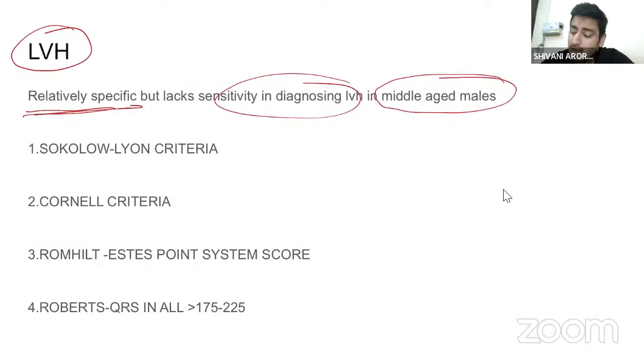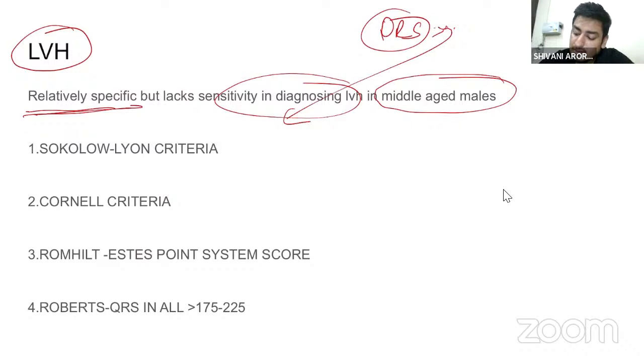Because due to obesity or increased muscle mass, the QRS complex won't meet these criteria, but still there would be hypertrophy. So there is decreased sensitivity, but they are relatively specific. Now we have these 4 criteria for diagnosing LVH in an ECG.